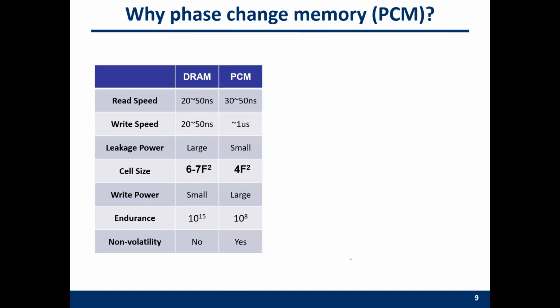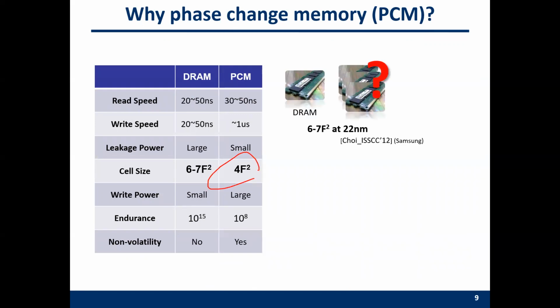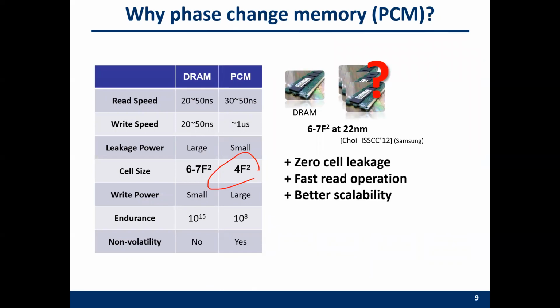I think the major advantage of the phase change memory is the cell size. The cell size is very small compared to DRAM. It uses a totally different mechanism to store the data. So there's no charge, no leakage. You don't need to refresh the cell at all.